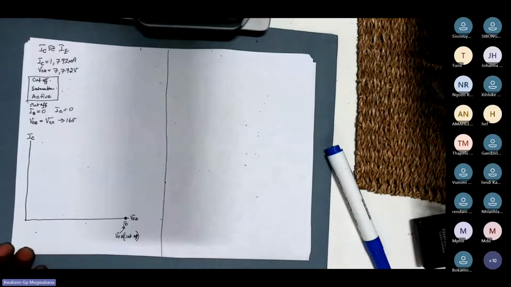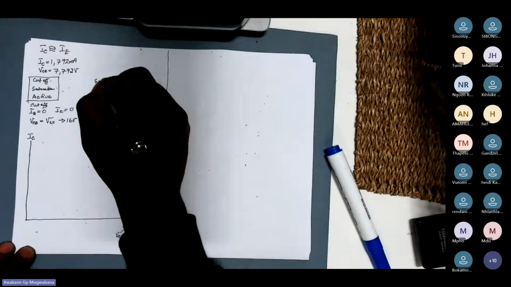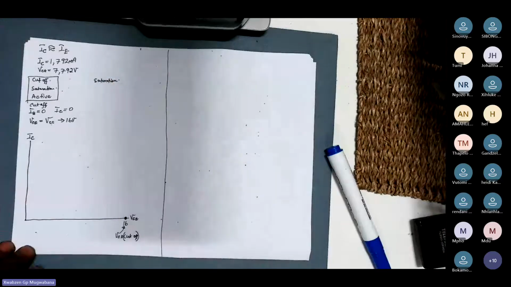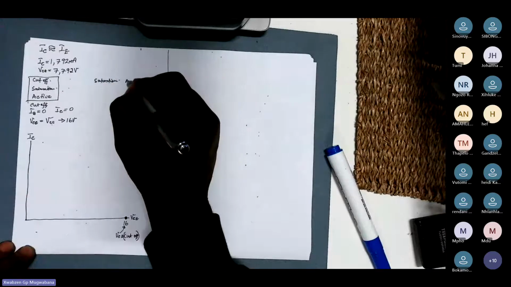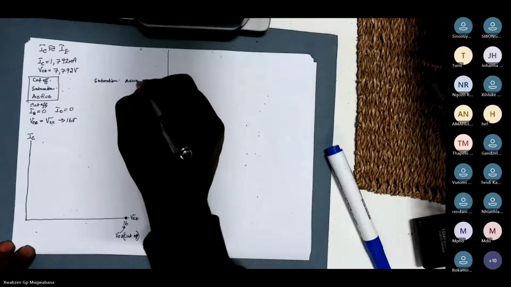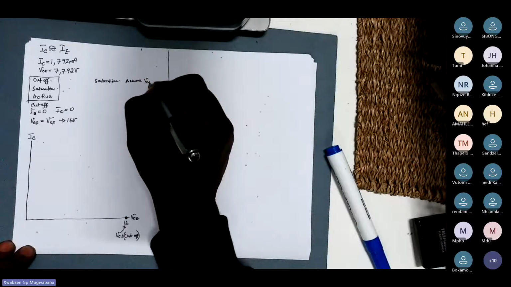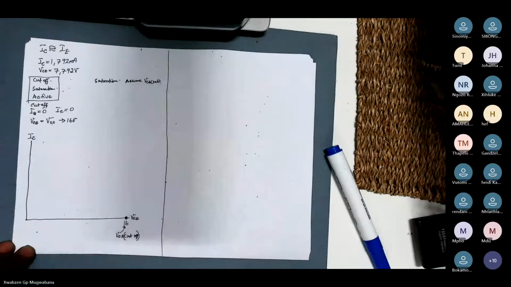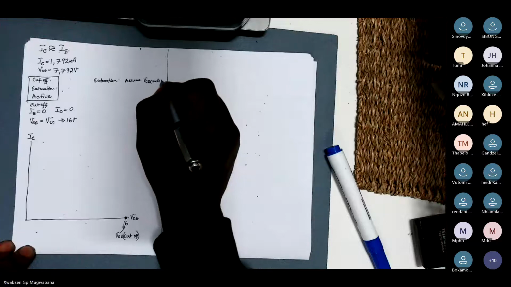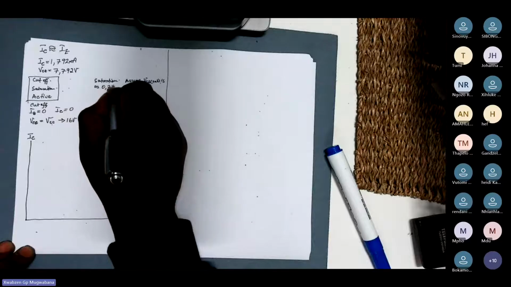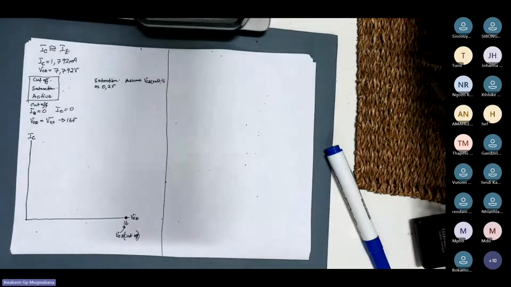If I say to you, for saturation, you must assume that VCE at saturation is given as 0.2 volts. We are assuming that the saturation voltage is given.